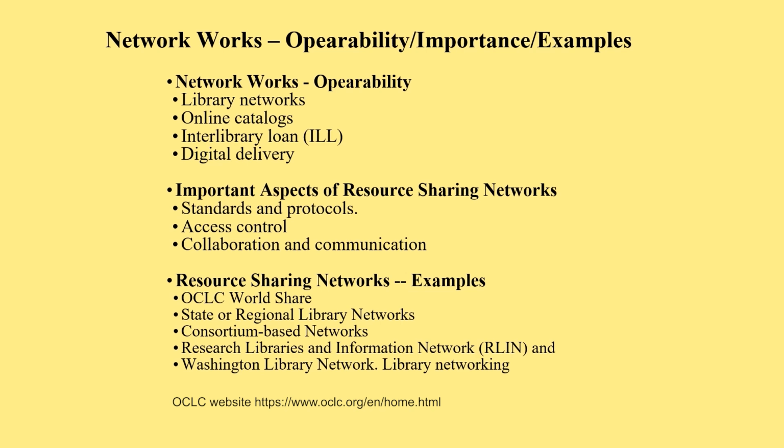Then interlibrary loan, when a user requests an item that is not available at their local library. Why are we going for interlibrary loan? Because the resource is not available in my library. If it is not available in my library, I should be able to get it from another library. So the network facility is borrowing the item from another participating library. If you are connected to the network, you can get it.